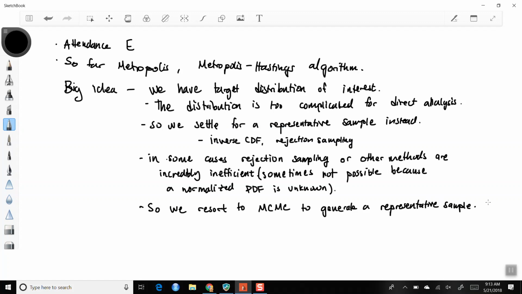Okay. So far, all of the methods we've covered have been for one unknown parameter. Even the deciphering one had one unknown parameter, which was the mapping.